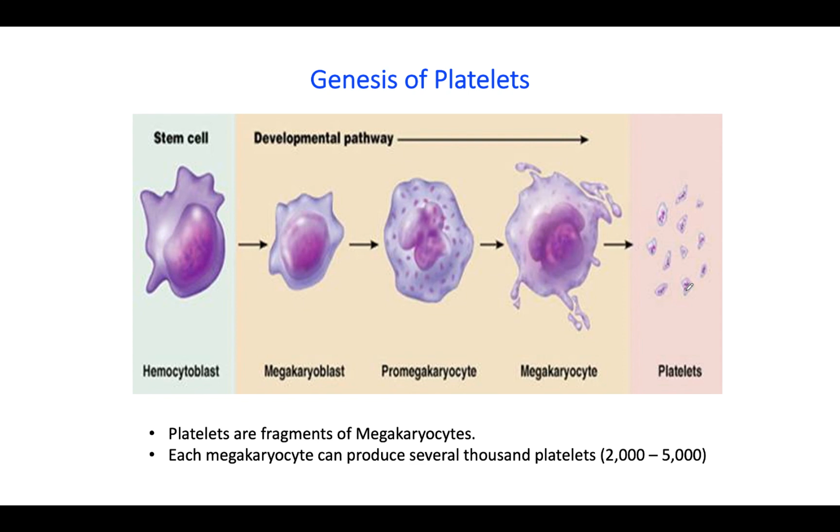So today you study blood, and you have to know how you categorize blood, liquid portion and cellular portion. Cellular portions can be called formed elements, and the formed elements can be further categorized as red blood cell, white blood cell, and platelet.